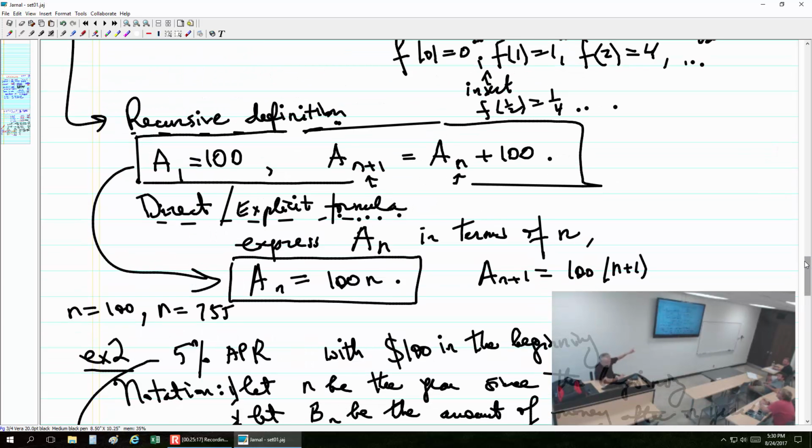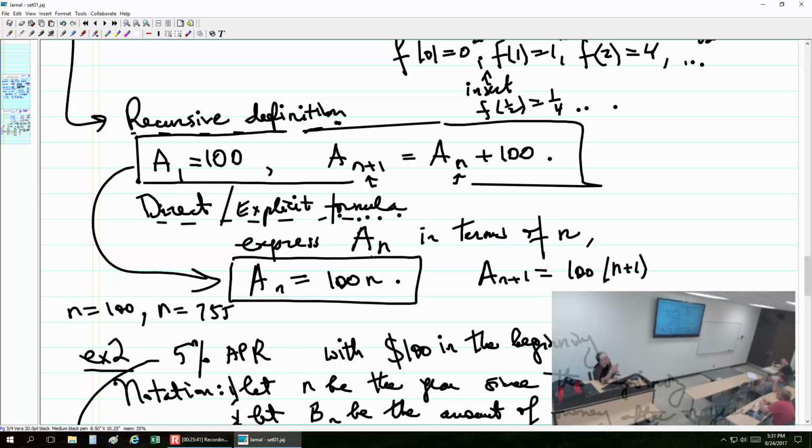We did addition, right? Adding 100, and then we have one with multiplication. Why? Because multiplication is simply an abbreviated notation for repeated addition. So if you add 100 n times, it's the same as simply multiplying n times 100.